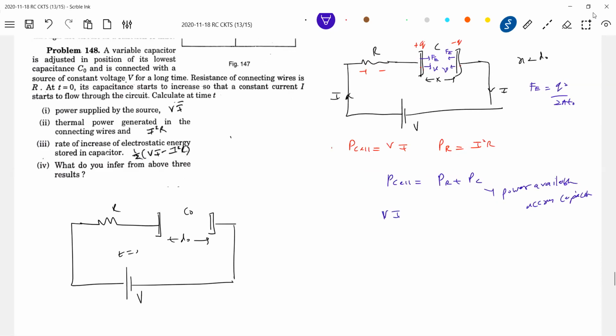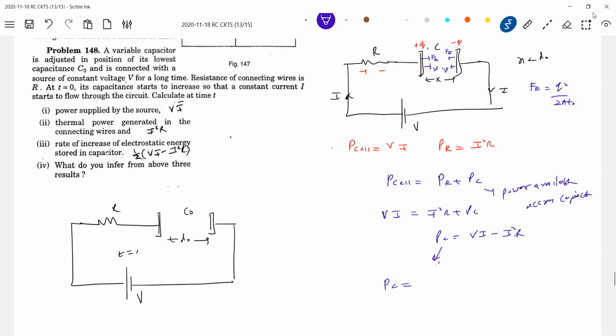Okay, this will be V I equal to I square R plus P C. Now the current is a constant current. So what happens to this power? A part of it will be utilized to increase potential energy, and the remaining will be converted into kinetic energy.